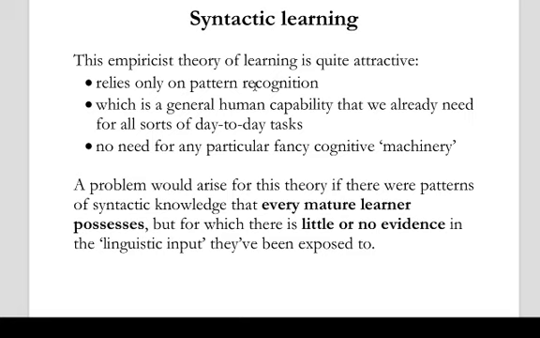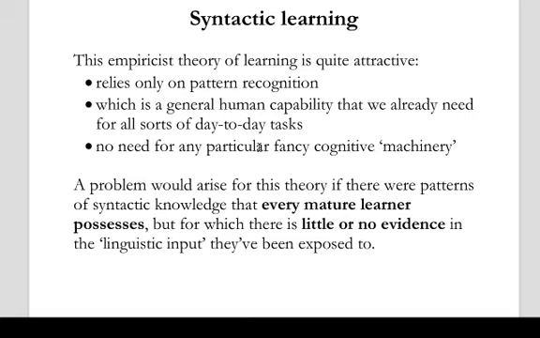So maybe we don't need any special language-specific innate UG in order to do syntactic theory, unless a situation like this arises, where we can show that every adult native speaker of a language knows something about their language that they could not have learned from their input.